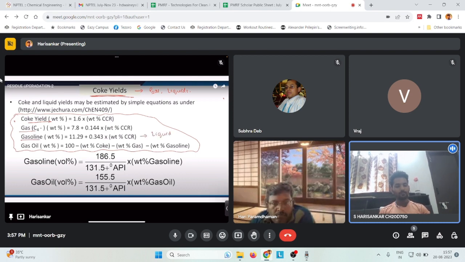This is basically liquid yield, in the sense of light liquid. We can even use it for naphtha. And this formula is the gas oil yield, which we usually use for heavy gas oils.